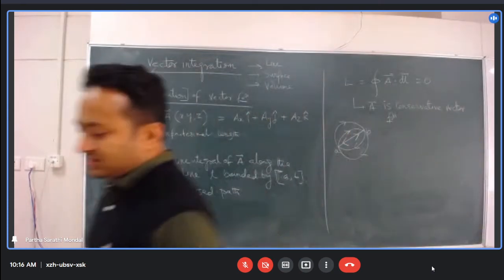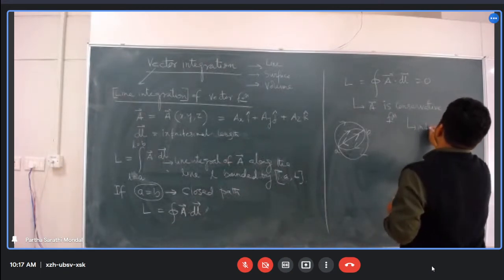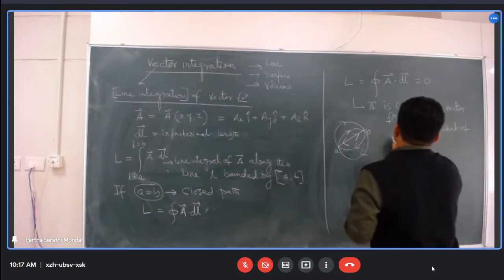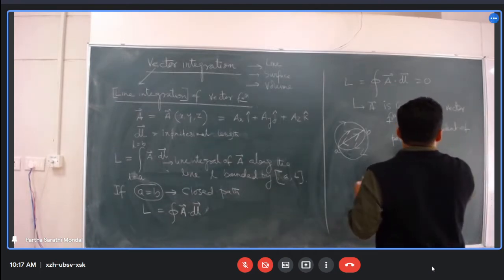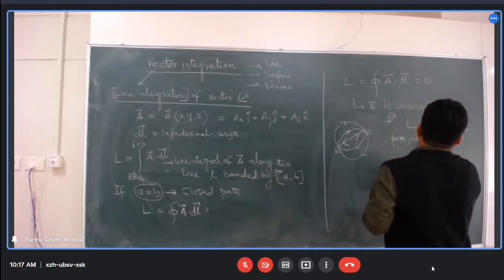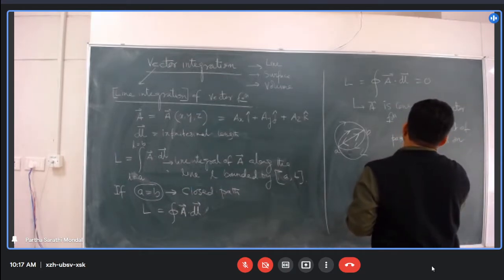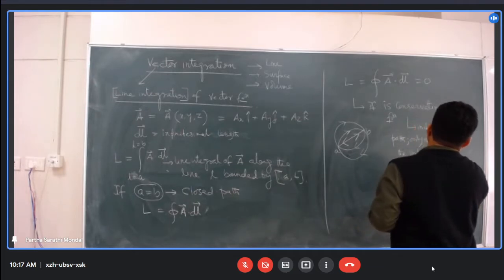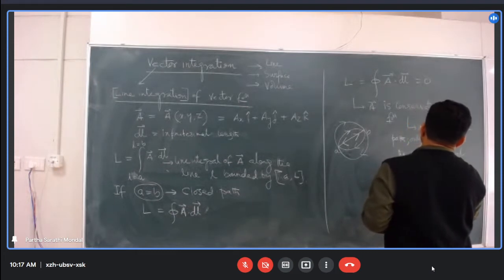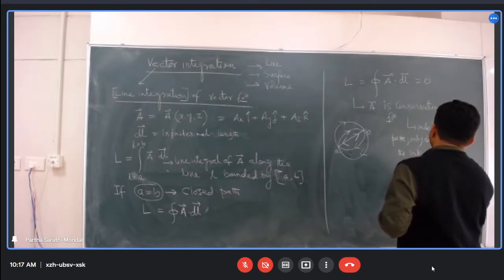That is why we call it conservative. That means it's independent of path, only depends on the initial and final position or limit.